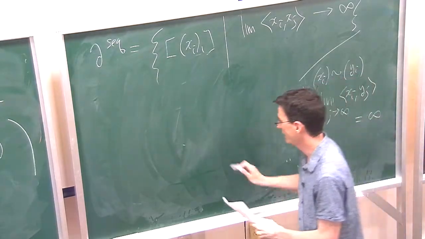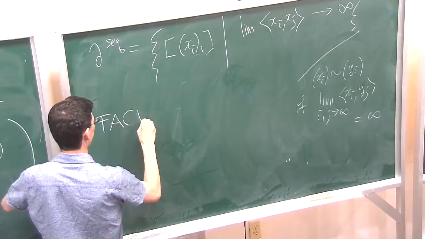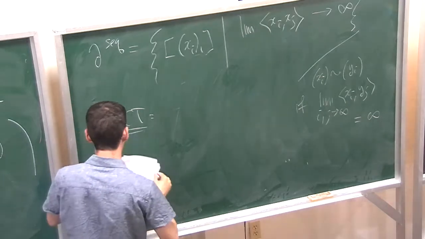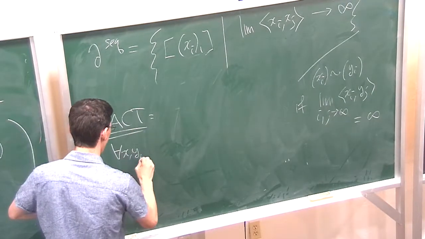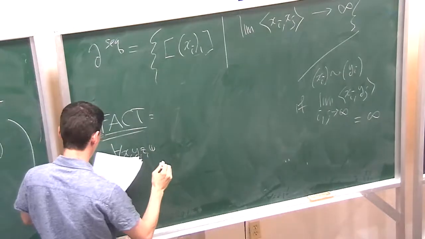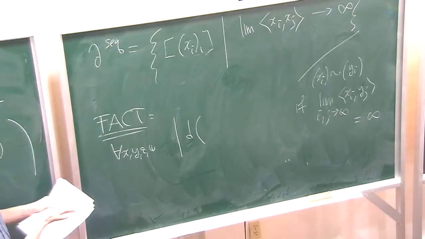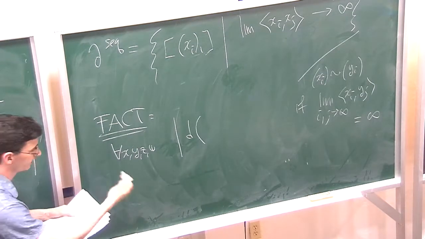The main fact that I need: for all x, y, z, w, I want to compare the Gromov product to the distance from the base point to a geodesic.